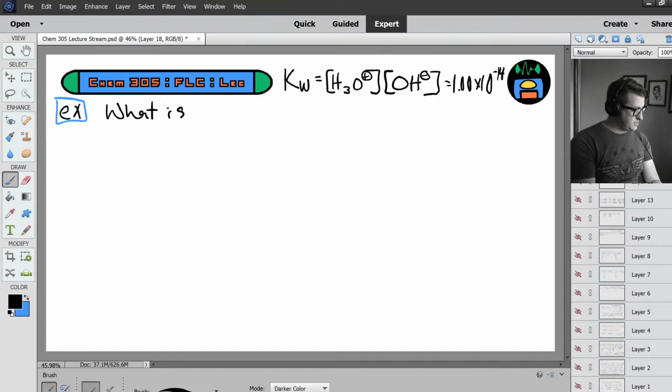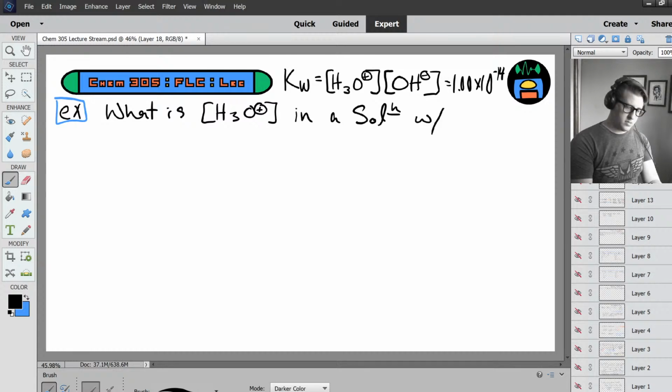What is the concentration of hydronium in a solution where the concentration of hydroxide is equal to 0.100 molar?